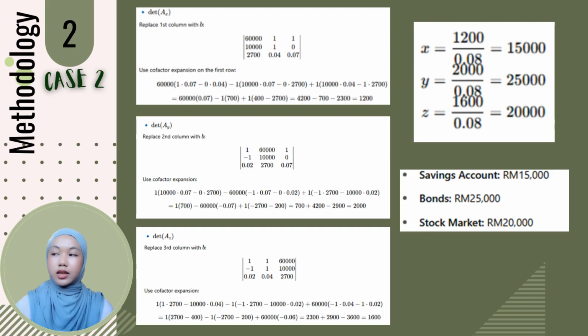And for Z equals 1,600 over 0.08 equals 20,000. So the answer is savings account is RM 15,000, bonds is RM 25,000, and lastly the stock market is RM 20,000.